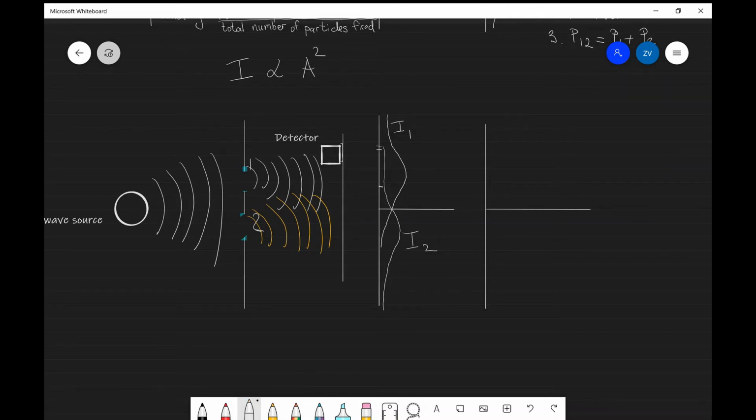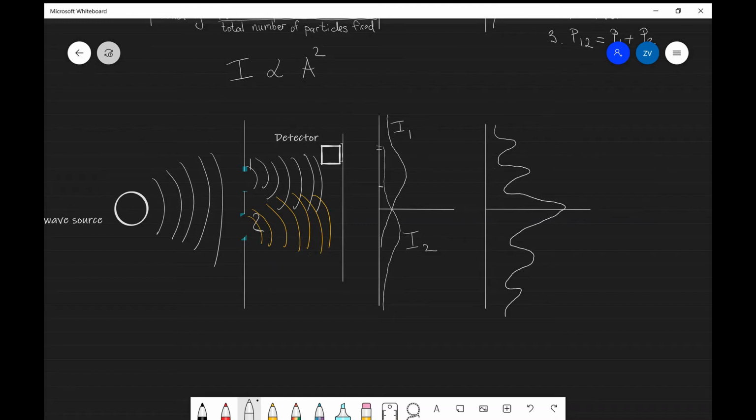What it's going to look like when both slits are open is something similar to this. Notice that there are some regions of quite high intensity and some regions of much lower or minimum intensity. So this is almost a strange curve, and it's really telling us that something is actually a wave.